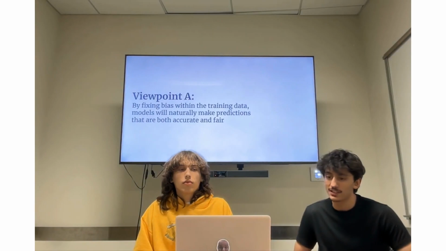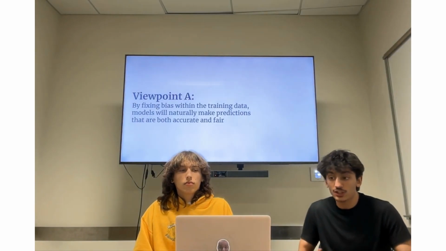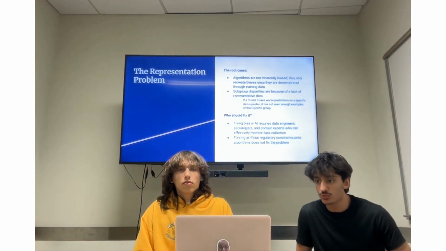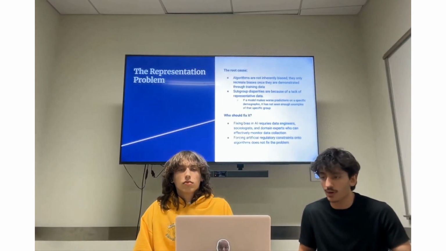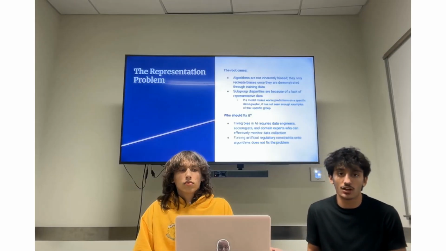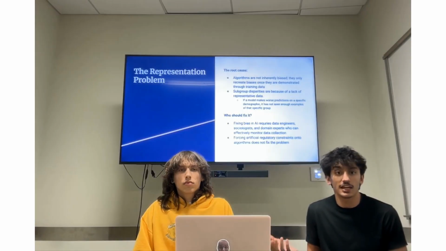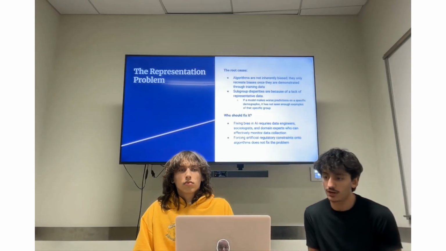So viewpoint A basically says, by fixing bias within the training data, the model will naturally make predictions that are both accurate and fair. So the root cause is that algorithms aren't inherently biased. It's the data that we're giving it that's biased. And subgroup disparities are often caused by a lack of data, or the data isn't good quality, it's not representative of that group.